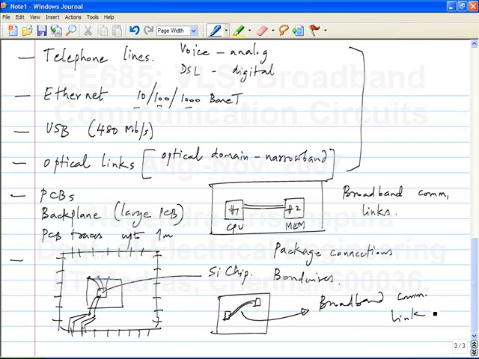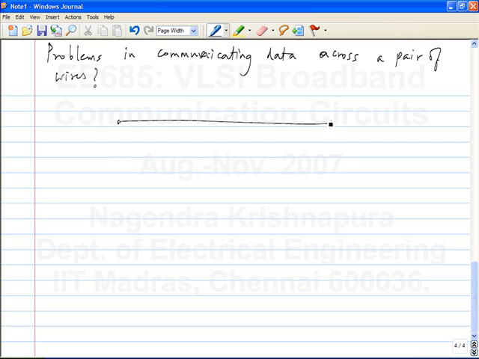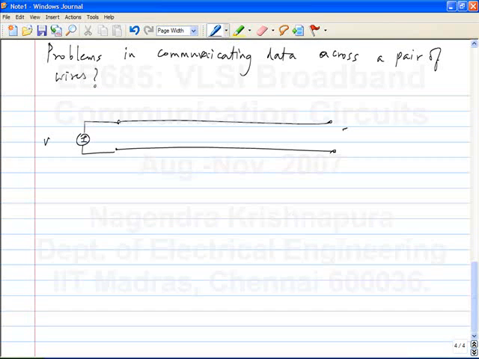What are the problems in communicating data across a pair of wires? Because the wire by definition is a good conductor, and you apply a voltage on one side and the same voltage should come to the other side.